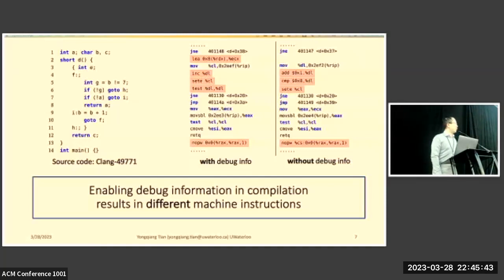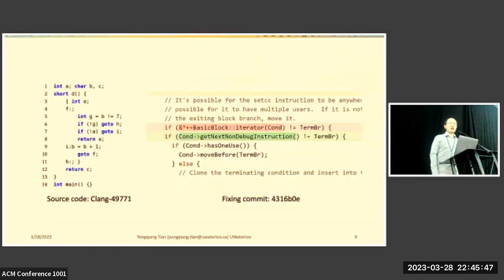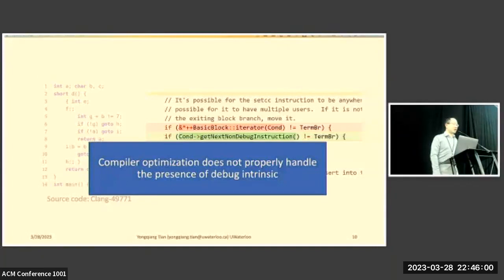Well, you may wonder why this happens. If we look at the function commit, it shows that compiler optimizers should get the next non-debugging instruction instead of getting the next one directly. In other words, the compiler optimizer does not properly handle debugging instructions.